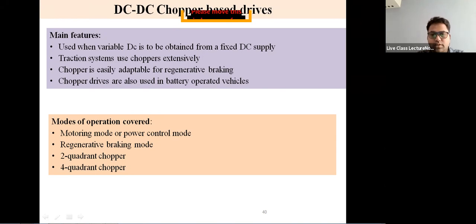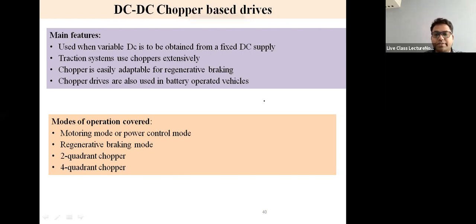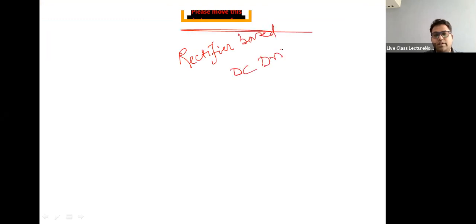So in the earlier class, what we have been doing was only the AC drives. So I'll just give you a revision of what we did in the earlier classes. We did rectifier based DC drives, right?